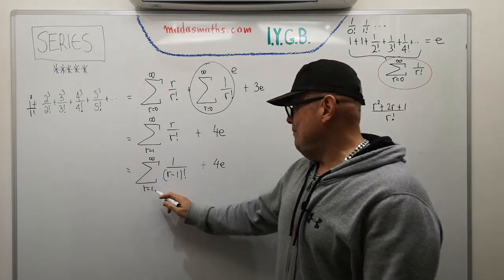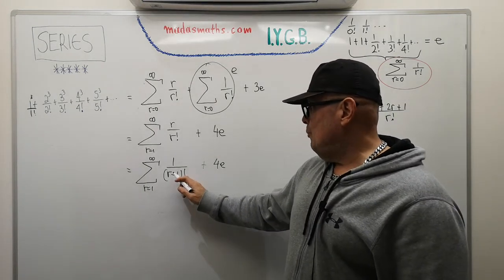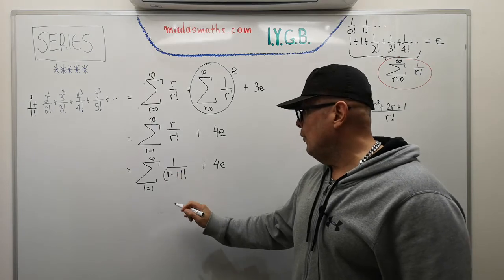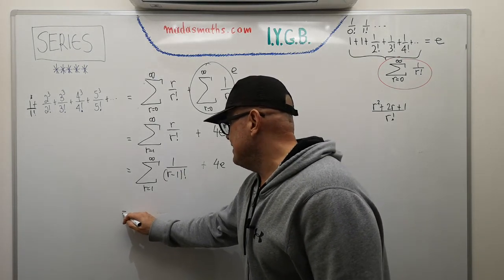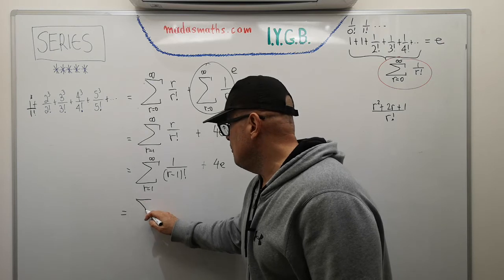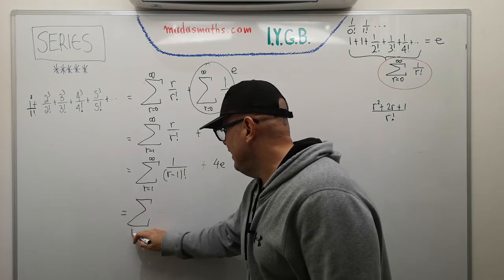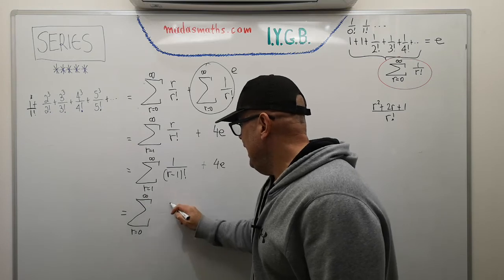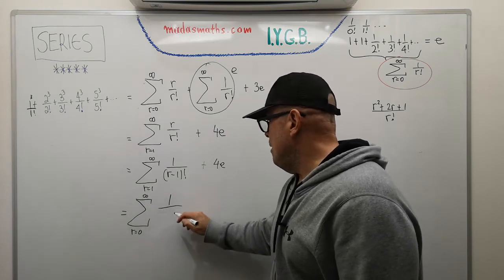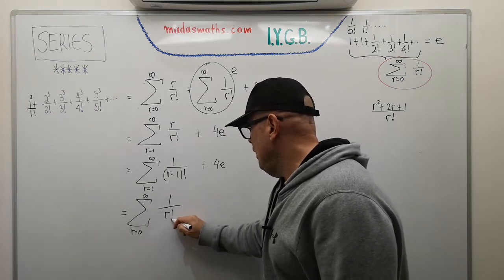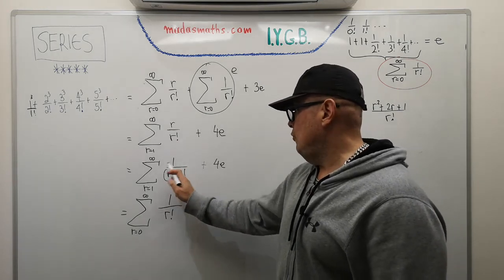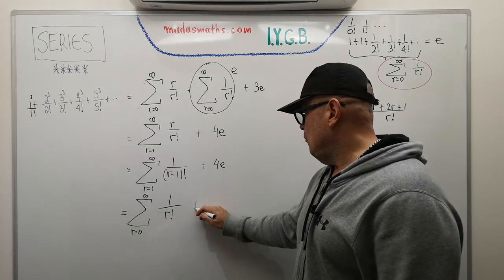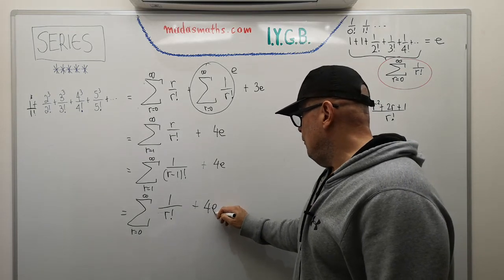But if you look again, when I put r is equal to 1 in there, this becomes 0 factorial. So I may re-index it to start from 0. So from r is equal to 0 to infinity, and when I re-index it, the r minus 1 will become, of course, r factorial. You can check that these two are having exactly the same terms, plus, of course, 4e.